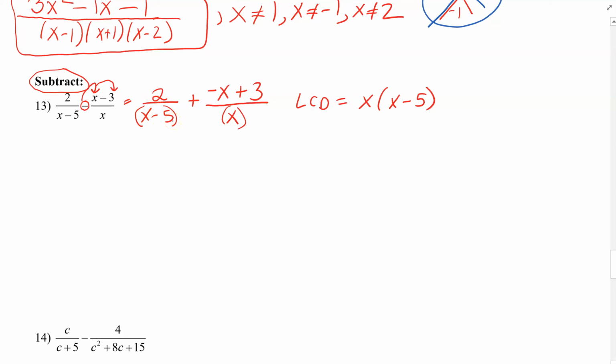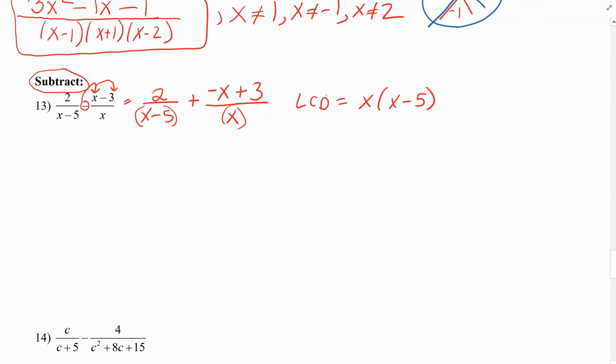And the answer is no. The way I know that x is not a factor of x minus 5 is because it's not being multiplied to 5. It's being subtracted by 5. So that act of subtraction means that these are not factors, okay?